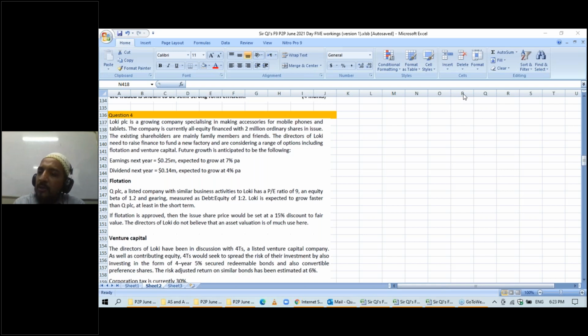Breakup value is basically the price at which you can say that the current investors had to sell the assets because they are not able to manage the company in a profitable condition. So that's why they have to sell at that price, and this is asset stripping.